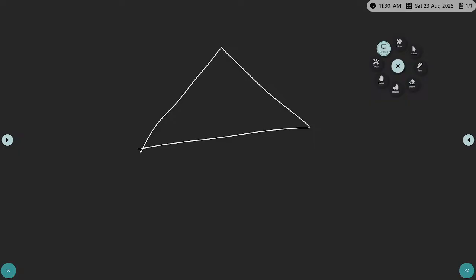Please take down this graph. Example. Check whether the graph is a Euler's path or not. Take down the vertices.